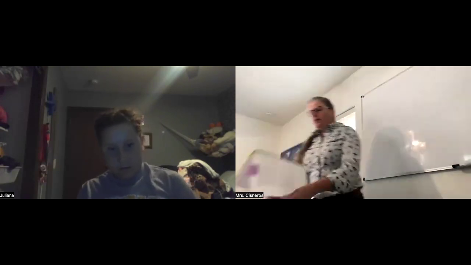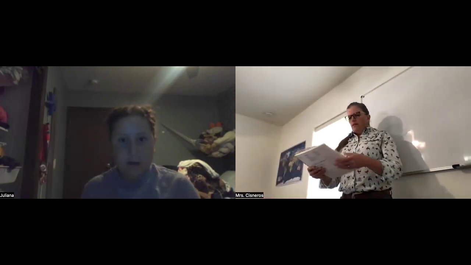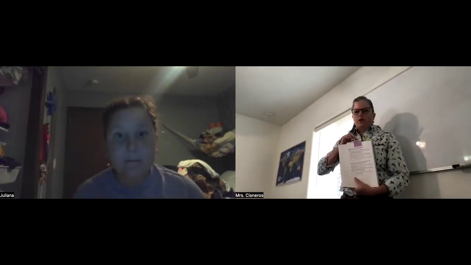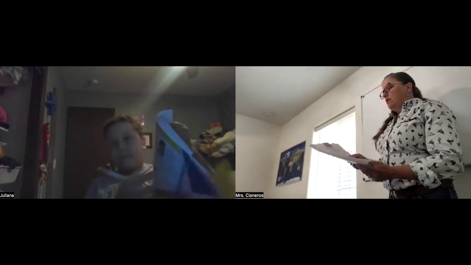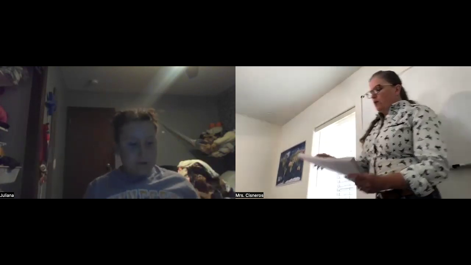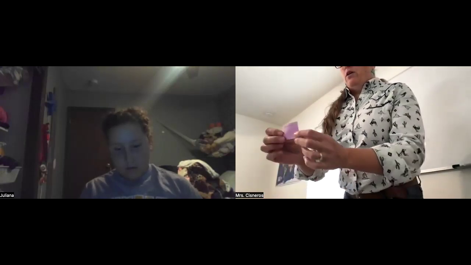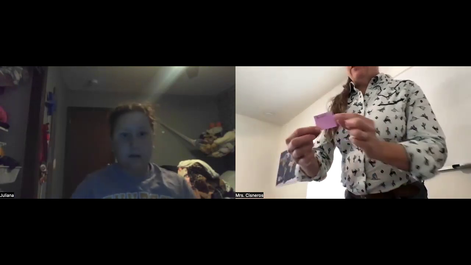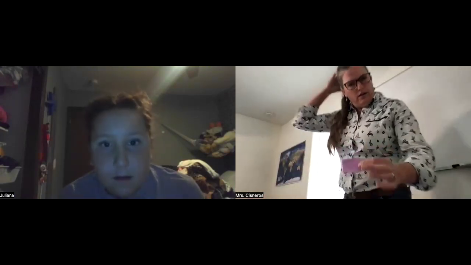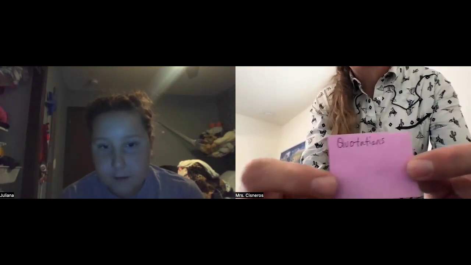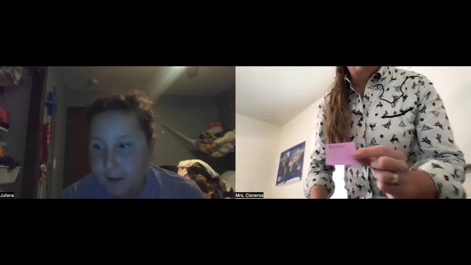More on the back. This is a good page to put a post-it note if you have one with you. I have a lot. Okay, so I want you to write quotations. Here's what I have. It's the sticky parts on the bottom part. Miss Lori, can I go get a sticky note really fast?